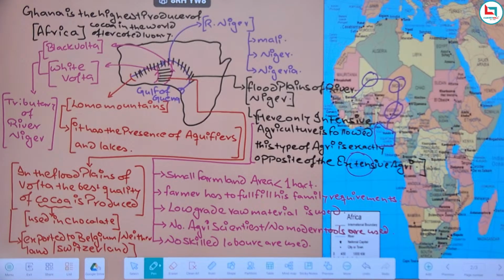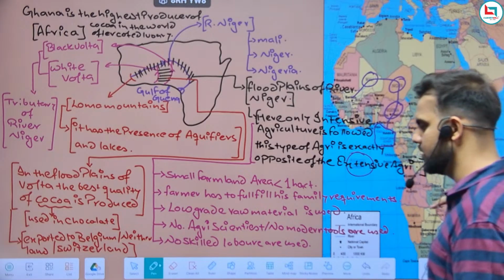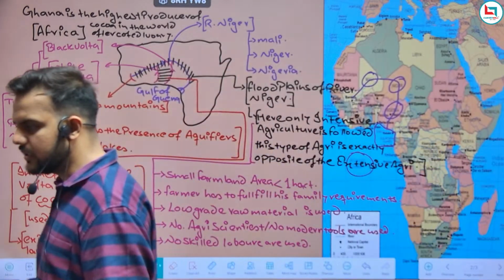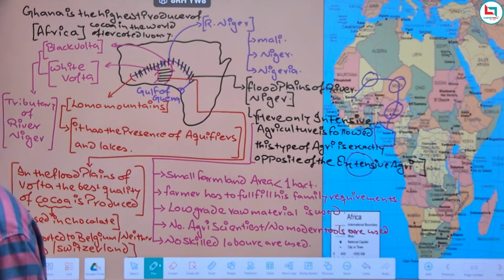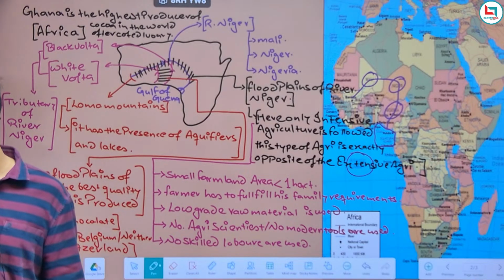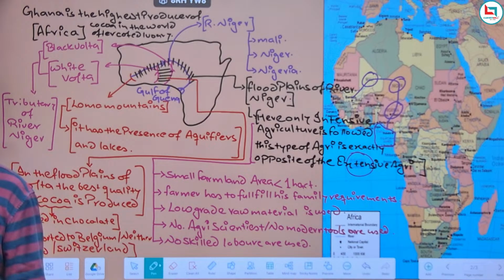Cocoa is used as a raw material in the chocolate industry, and they export the cocoa to Belgium, Netherlands, and Switzerland, because you people know that Africa follows neo-colonialism. So these are the things we should know. These are very, very important things from the exam point of view.